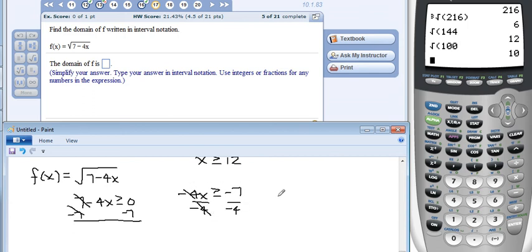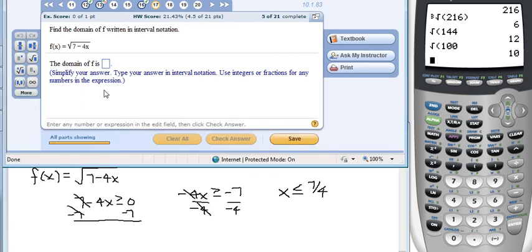Right? Since I divided through by a negative, I'm going to flip my sign. Remember, I forgot to do that last time. So I've got 7/4. So less than or equal to 7/4. Okay? We want that interval notation again. And remember, since we're going down to negative infinity, we want that one first. Okay? So we want the parenthesis first.